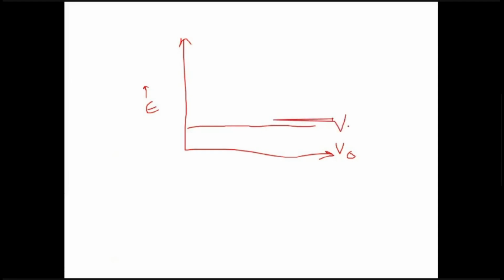For a certain molecule, see, every molecule is unique. So the energy difference between V1 and V0, V2 and V0, and between V2 and V1 is different for every molecule, and it is characteristic of that molecule.